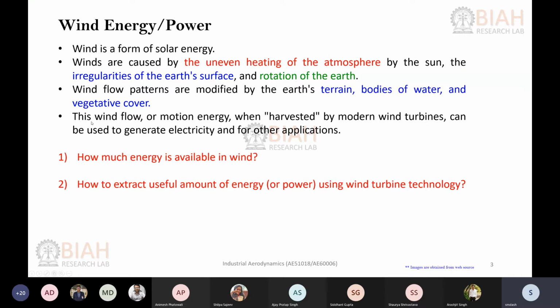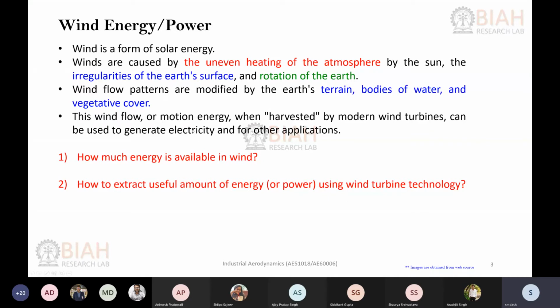Now the wind flow, as you can see, has kinetic energy in it. Because wind is flowing, most of the energy it has is in its motion, or kinetic energy. If you can tap that energy using some devices, then it can be used for various applications.